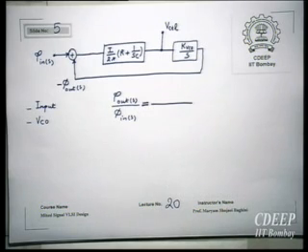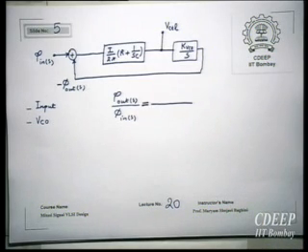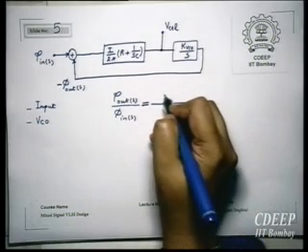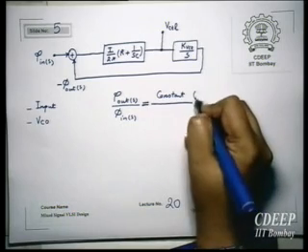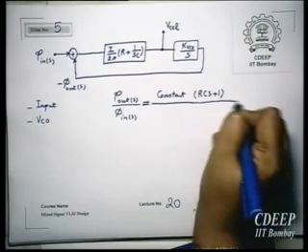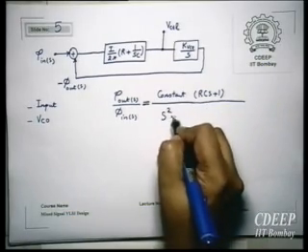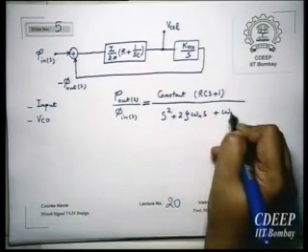It is a low pass transfer function, right? Therefore, phi out over phi in was some constant times (RCs plus 1) divided by s square plus 2 zeta omega n s plus omega n square.